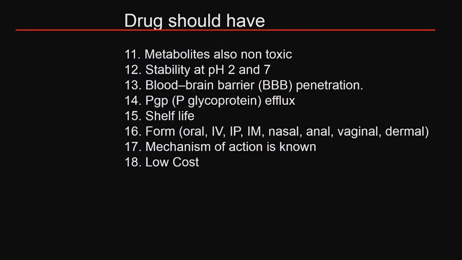And of course, cost plays a very important role. If it is a new drug, new chemical entity introduced, so pharma companies will charge very high prices to recover the R&D cost. Such drugs are not sold in countries like India or third world countries, but once the drug comes out of the patent, okay, once the drug comes out of the patent, then it becomes a generic drug, then the cost comes down.